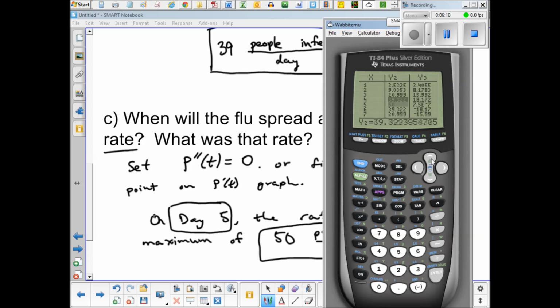Your growth rates were increasing and then decreasing. Right here on the 5th day, the growth rate is 0, which means the rate is at its peak. And this is similar to looking at an acceleration idea here. Okay? Alright, so I'm pretty convinced with that 0 there and that 50 being larger than the 39s, I think it was the 5th day.